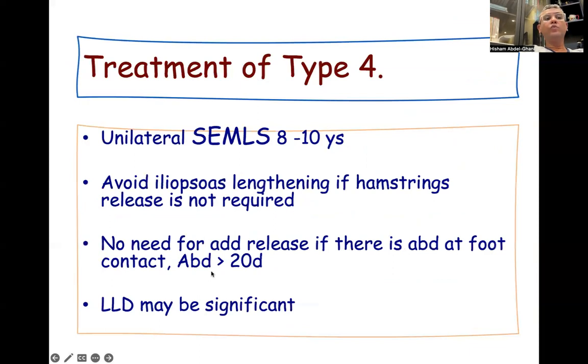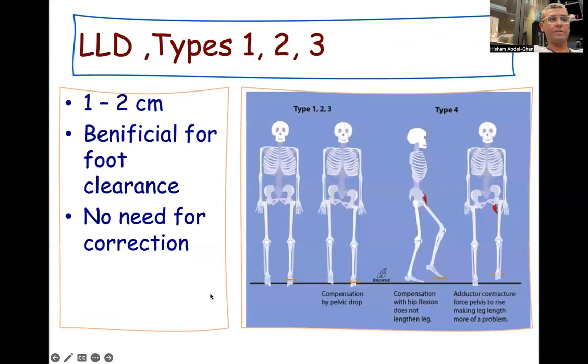And we shouldn't do adductor release if we have about 20 degrees of abduction of the hip and the hip is abducted during mid-stance phase. And in this patient, because they stand with adduction deformity of the hip on the diseased side, the adduction will increase the leg length discrepancy.